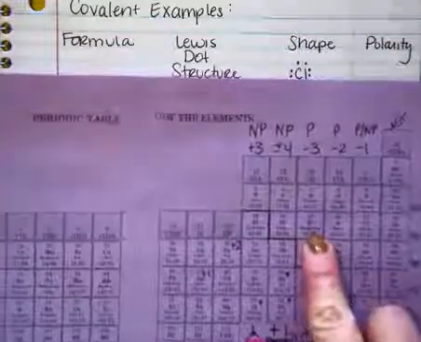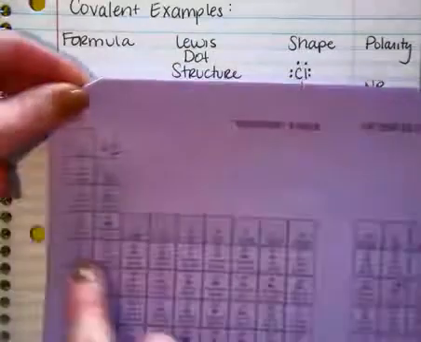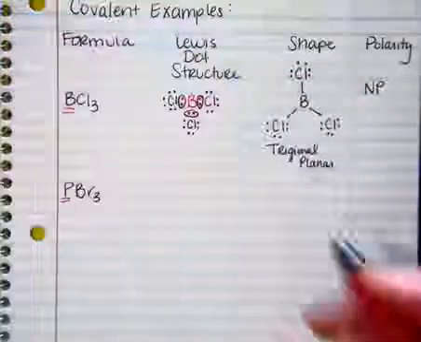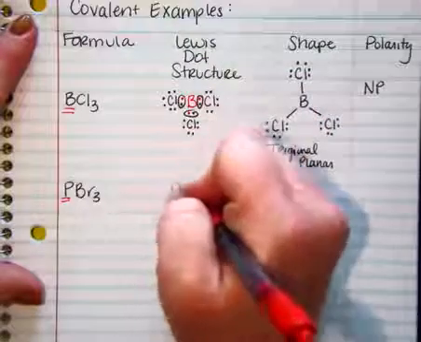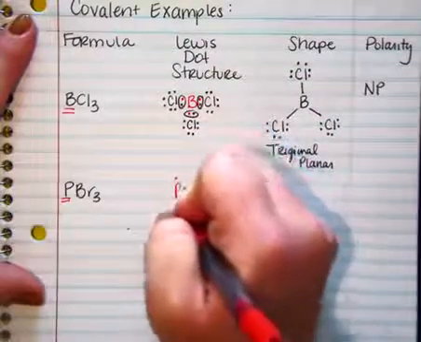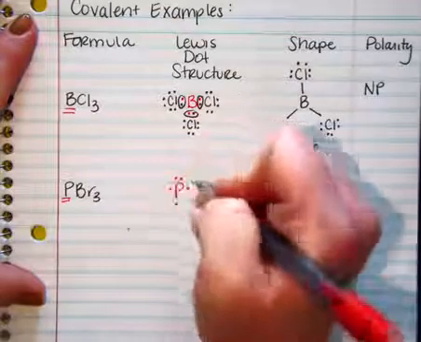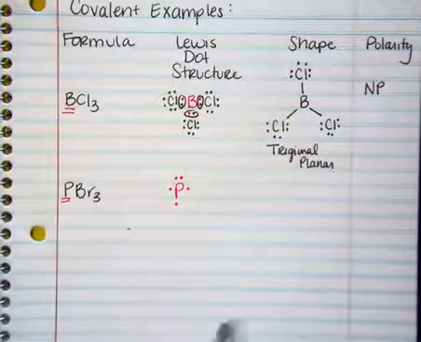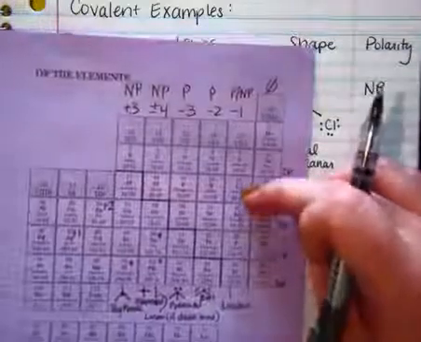Now, phosphorus is over here under nitrogen. So when I draw the Lewis dot structure, 1, 2, 3, 4, 5 dots. 1, 2, 3, 4, 5. So notice I have that unshared pair at the top. And then bromine is under here. It's the same as chlorine.